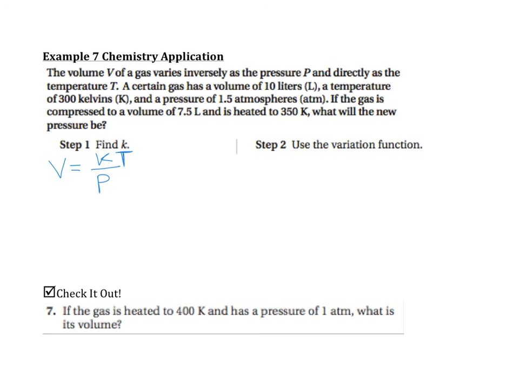So the pressure has to go in the denominator, temperature in the numerator. We find our K with our given information, which is a volume of 10 liters when the temperature is 300 with a pressure of 1.5.